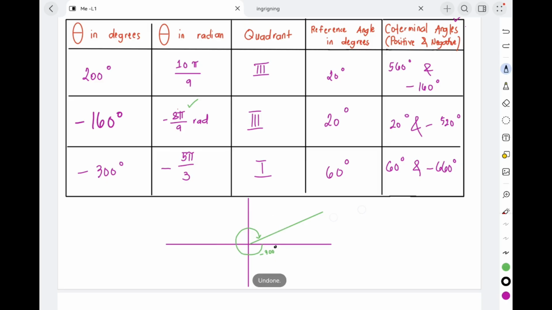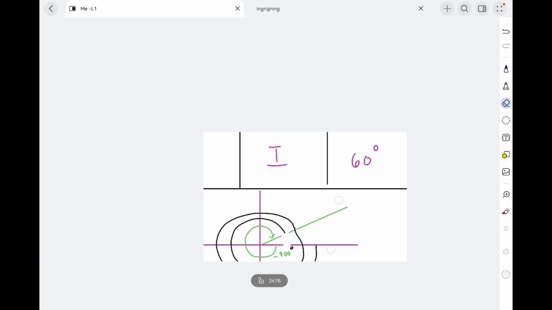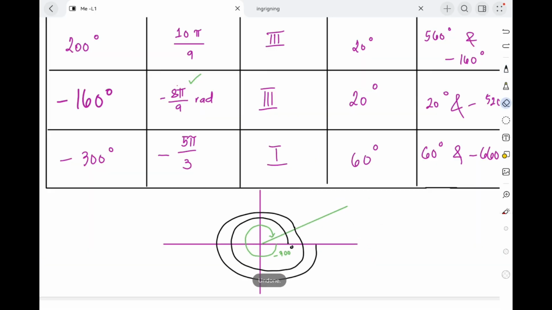Kung mo stop ta diha, that is still equal to negative 300 degrees. So we need to rotate again. Okay. Ay, dili, lapas na ta. Okay, balik ko lang na ako. Rotate ta, stop ta here.